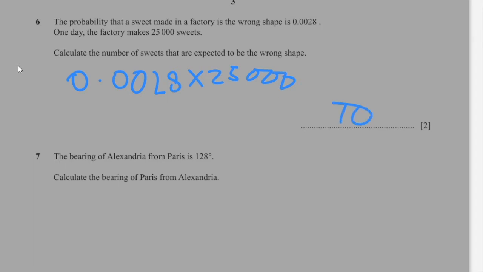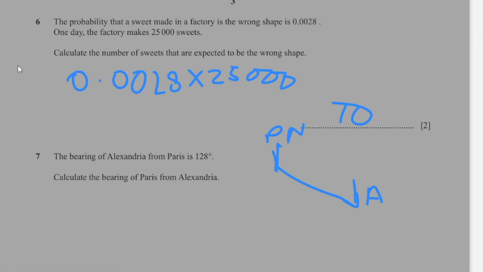7. The bearing of Alexandria from Paris is 128 degrees. Calculate the bearing of Paris from Alexandria. Right, so let's suppose this point over here is Paris and this one over here is Alexandria. Calculating bearings always starts from the north point.